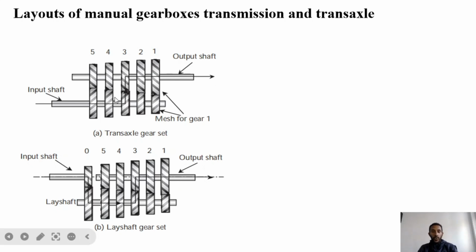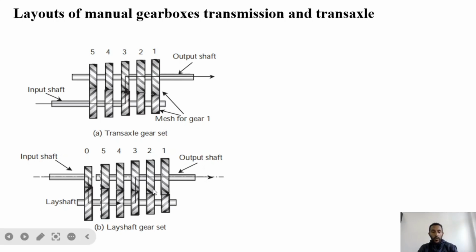And when we come to this one, it almost becomes overdrive, because this gear is bigger than the driven one. The same is true for the gearbox: this will be the counter shaft, which is the drive, and this one is driven. So the same arrangement is here.